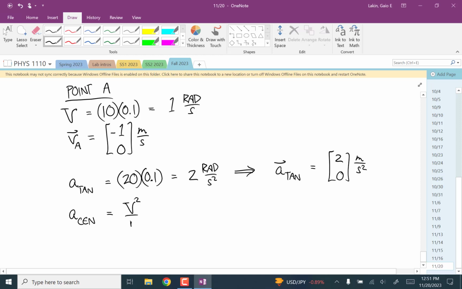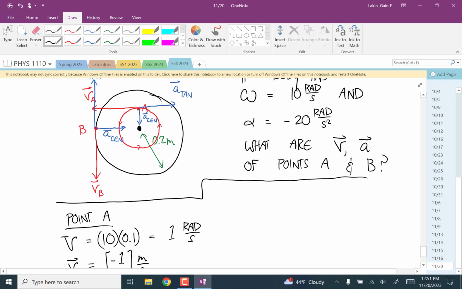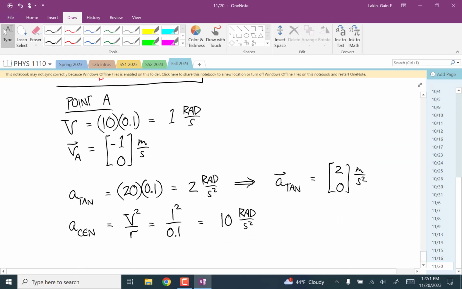So v squared over r is 1 squared over 0.1, and so that's 10 radians per second squared. We figured out that that's in the negative y direction. So the centripetal acceleration vector is 0, negative 10.